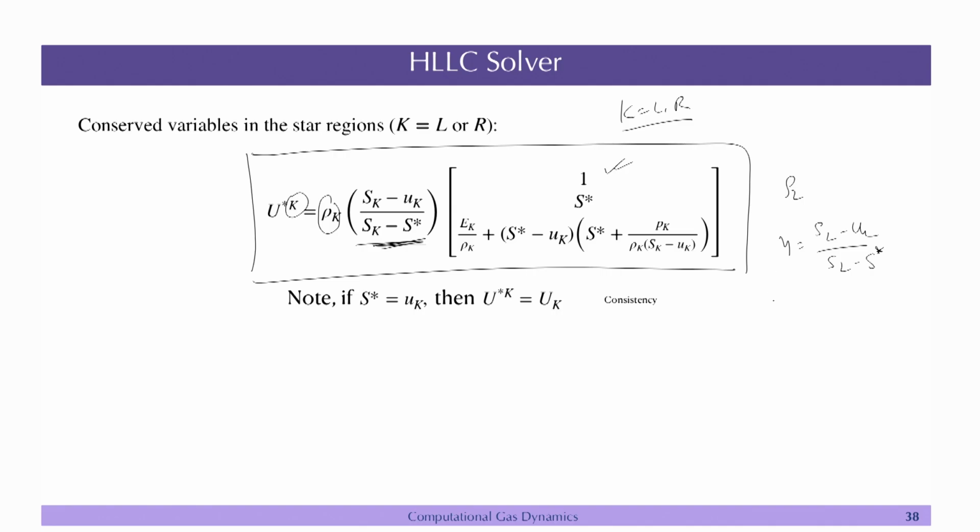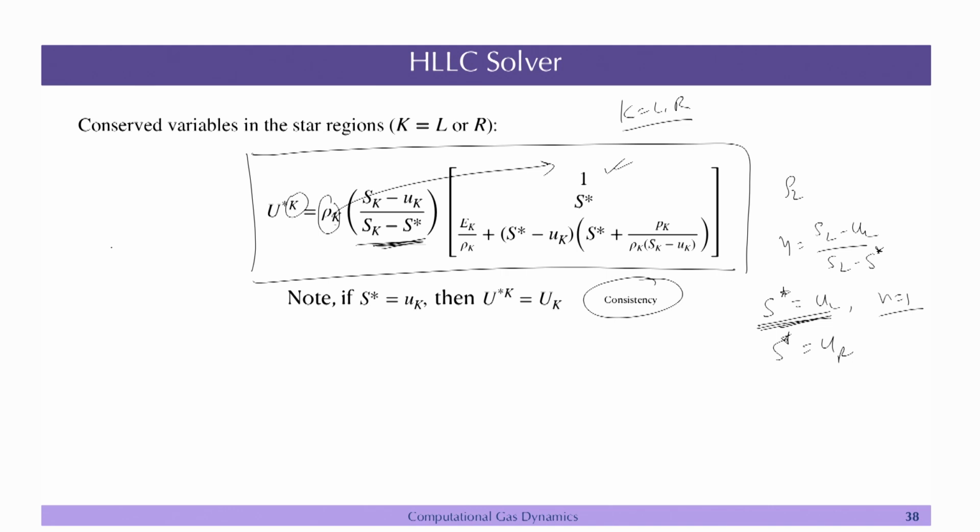Okay. So, whenever S star is equal to UL, eta becomes 1, right. So, this is basically the consistency condition, that if S star becomes UL or UR, it will become just rho L, and this will become rho L UL, right.